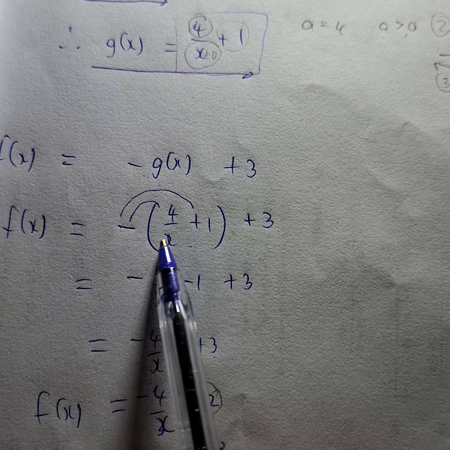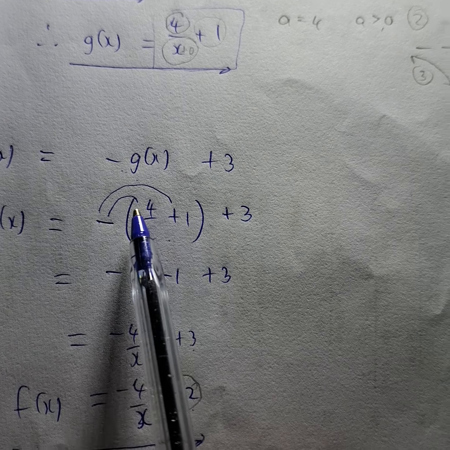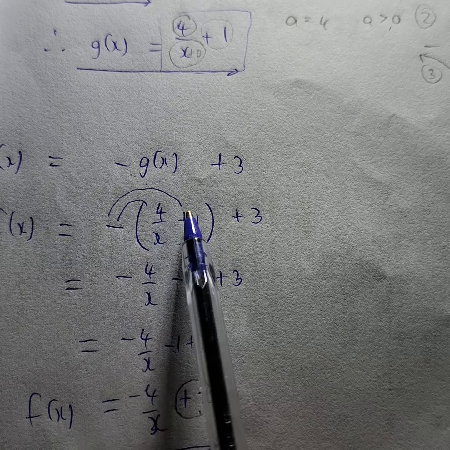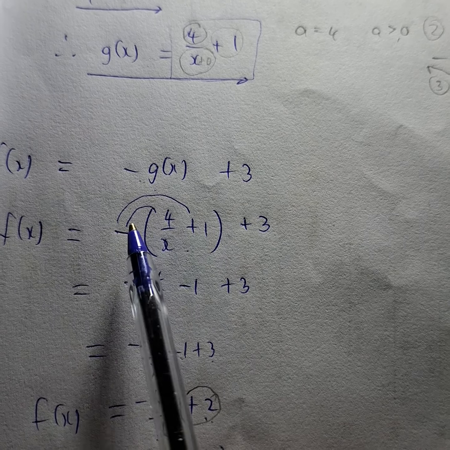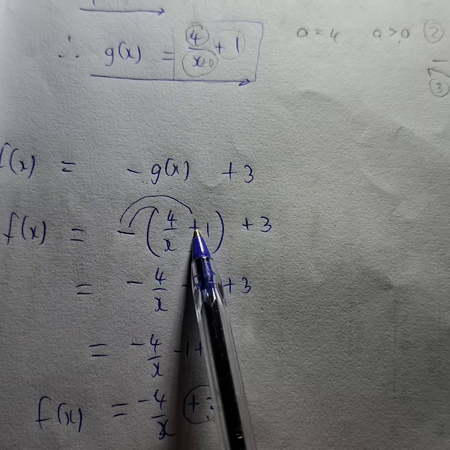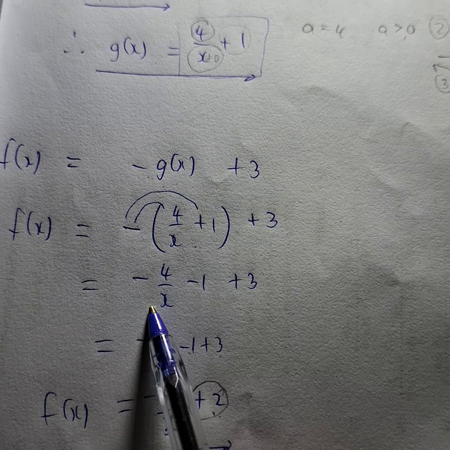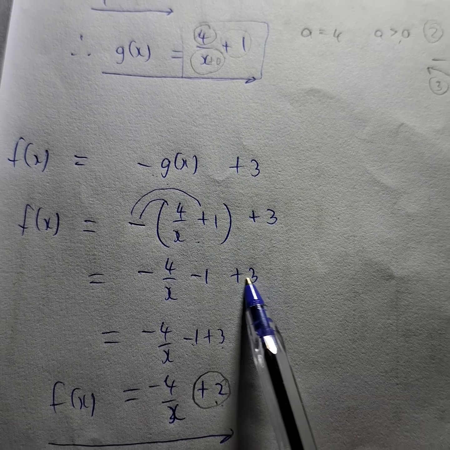So we distribute the negative sign, because remember, with BODMAS we start with brackets, and then multiplication, then addition later. So that's why we distribute the negative into the bracket. We get negative 4 over x minus 1 plus 3. We then add the like terms.